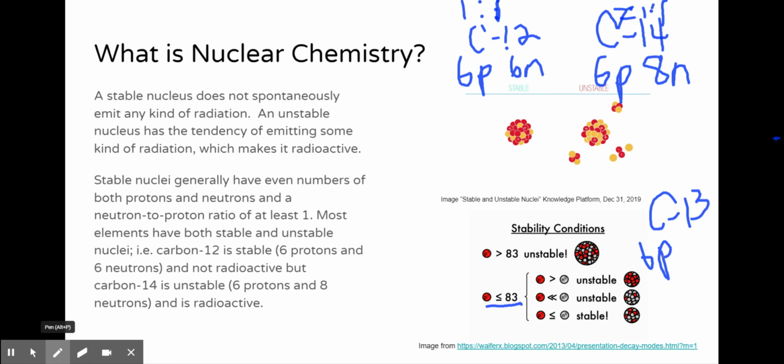Carbon-13 has 6 protons and 7 neutrons. This is stable, very close to the 1-to-1 ratio. Carbon-12 is stable with a 1-to-1 ratio. Carbon-14 is not stable, it is radioactive, and not a 1-to-1 ratio.